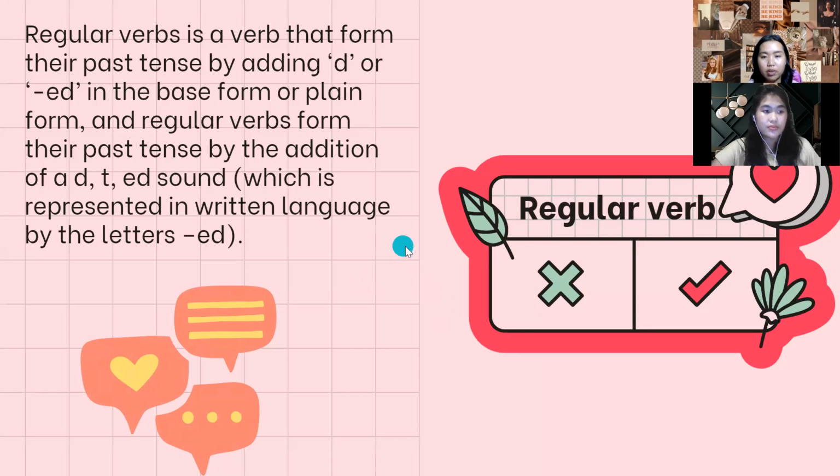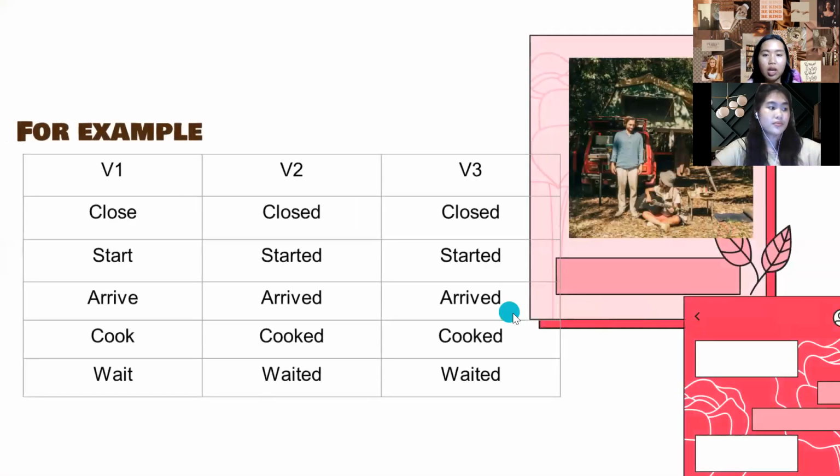Next. Now I'm going to show you an example of a regular verb. Verb 1 is close, verb 2 is closed, and verb 3 is closed. The other examples you can see on the screen.